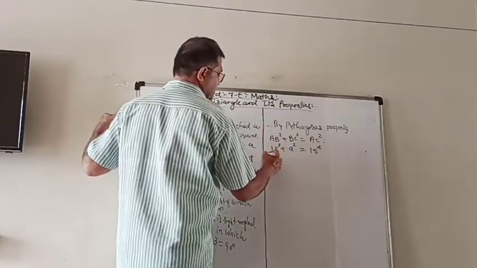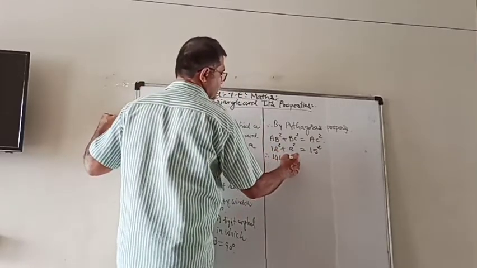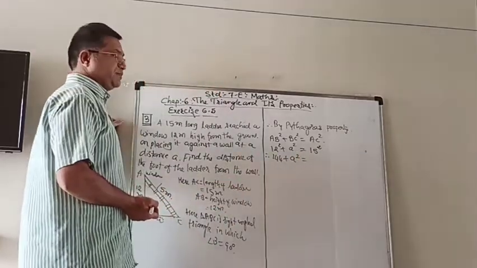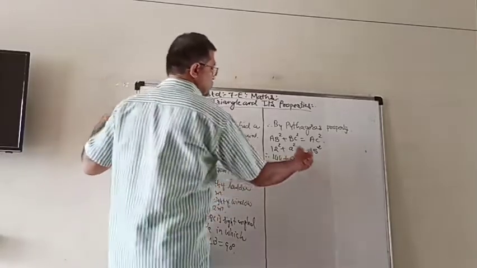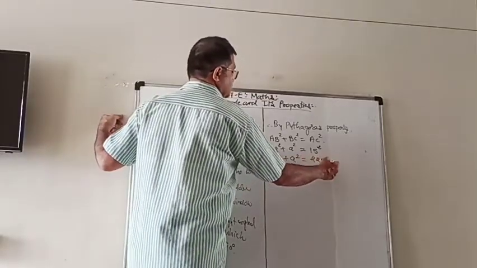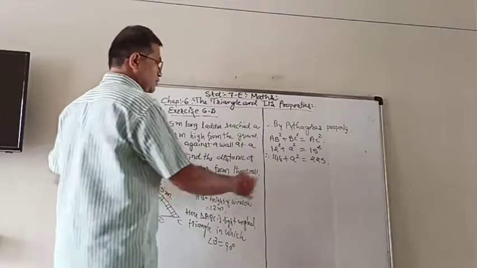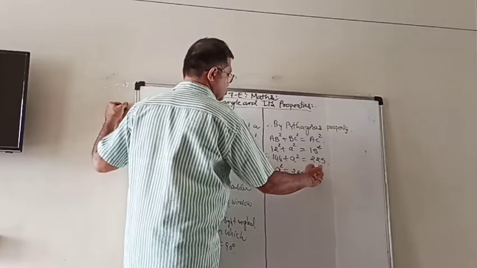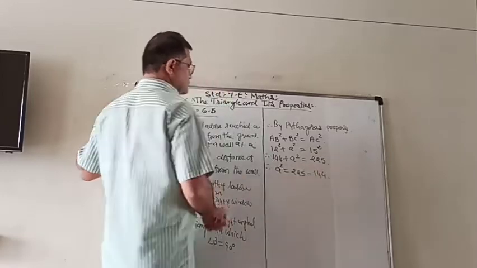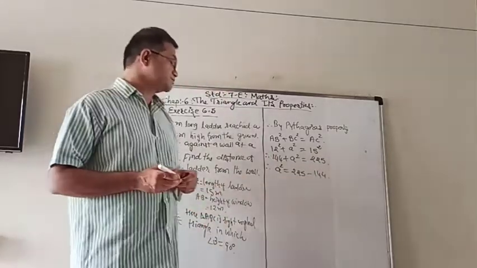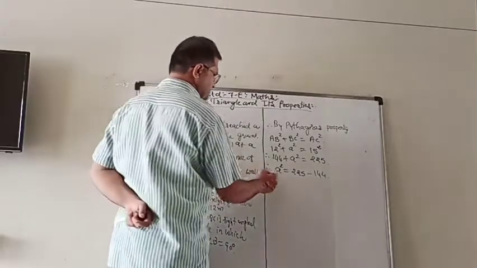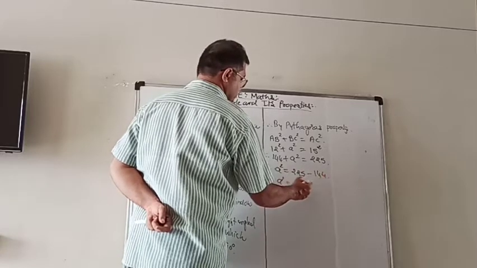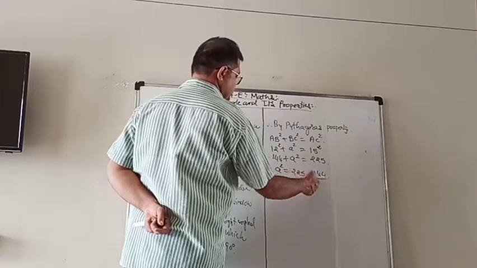Now 12 square is 144, so 144 plus A square, now square of 15, 15 multiplied by 15 is 225. So now therefore A square is equal to 225 minus 144. So now subtraction, 5 minus 4 is 1, 12 minus 4 is 8 and 0.